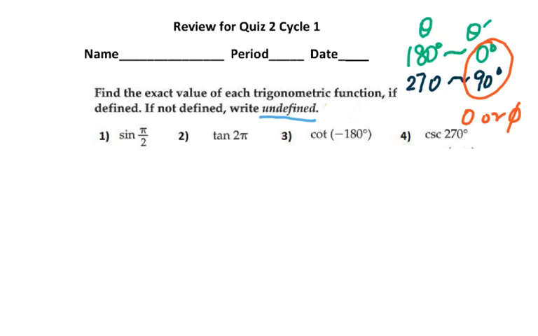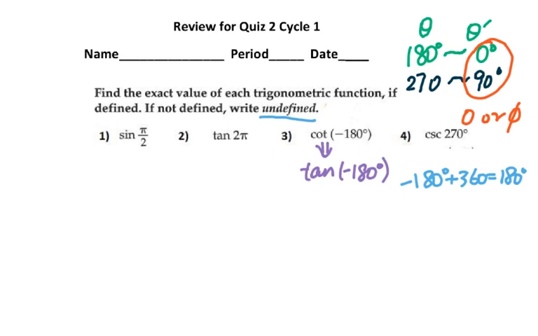Cotangent negative 180 degrees. First of all, this is a minor trig function, so we look for tangent negative 180 degrees first. Then we do the reciprocal to get the cotangent. For tangent negative 180, we know negative 180 degrees plus 360 is 180, because we want to create the angle between 0 to 360 first.